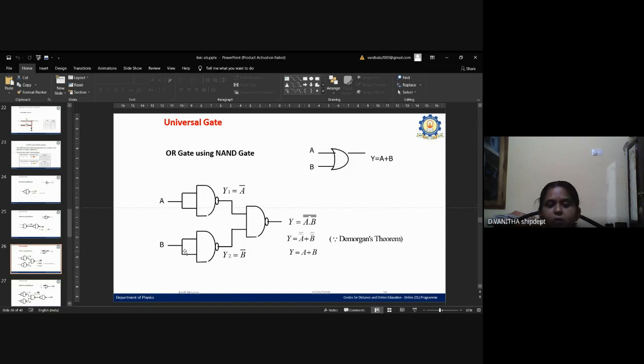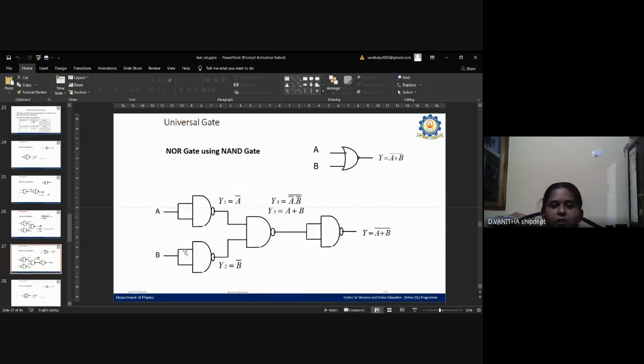Then a double bar is equal to a, and b double bar is equal to b. So we get y equal to a plus b. That will be the output of our gate.